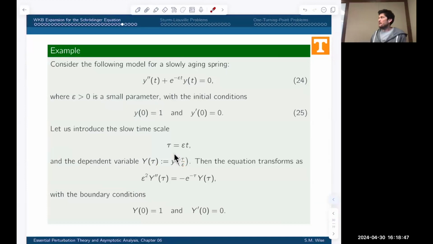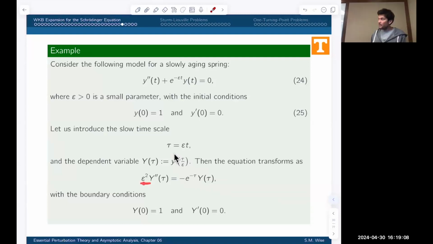You put everything back into the equation, substitute back in, and you get this equation. So this is a quote unquote Schrodinger type equation, an equation of the type that we said we could solve with the WKB expansion method. So this is our Q function now.